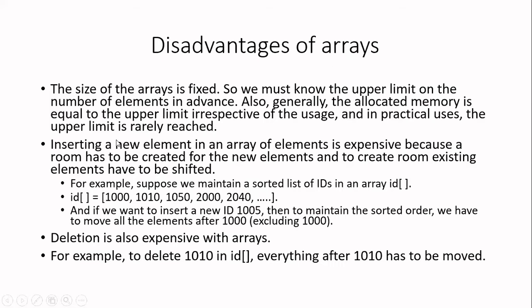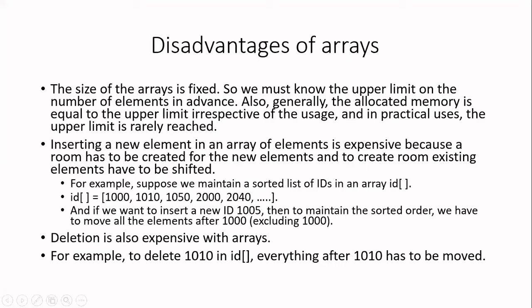The second disadvantage is inserting a new element in the array. For example, I want to maintain the IDs of the students in sorted order. Here I have 5 different IDs: 1000, 1010, 1050, 2000 and 2040. Now I am getting one more new ID, 1005, and I want to insert it in the proper sorted order.